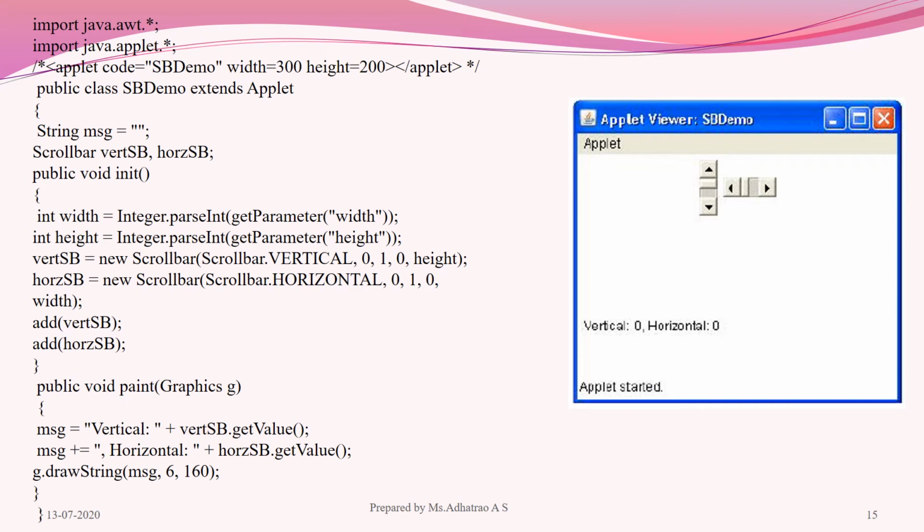Same as for horizontal scroll bar, by setting style Scrollbar.HORIZONTAL, initial value, thumb value, minimum and maximum. After defining the scroll bar, add it to the applet by using the add method. So this is the example of scroll bar. When we execute the program successfully, the window will appear as shown here.